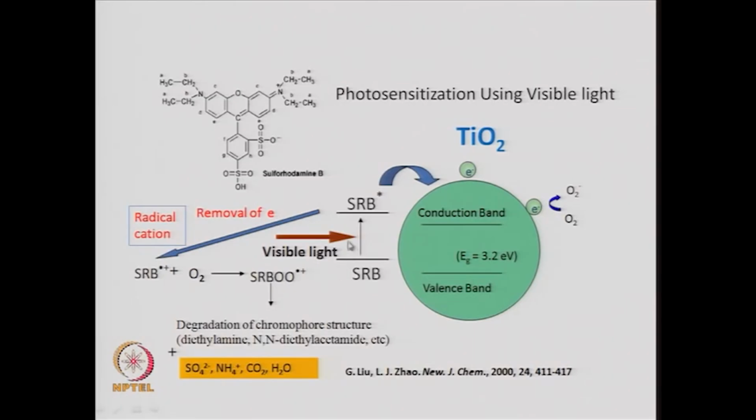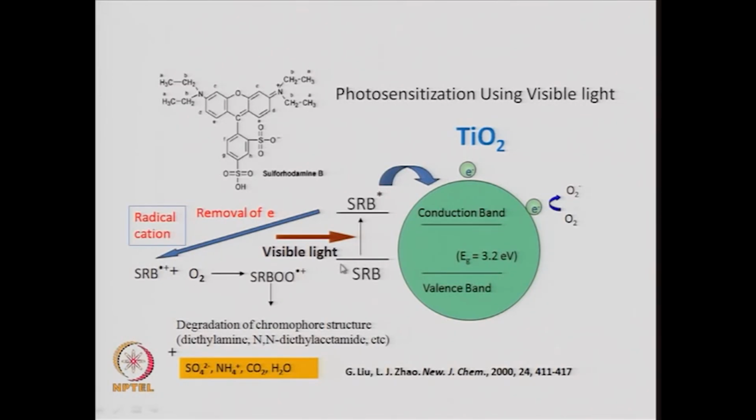So, using the energy levels of sulforhodamine B, you can excite it using visible light, such that the electron goes to an excited state, and this SRB excited is the excited molecule, and then the electron in this state can be transferred to the conduction band of TiO2.